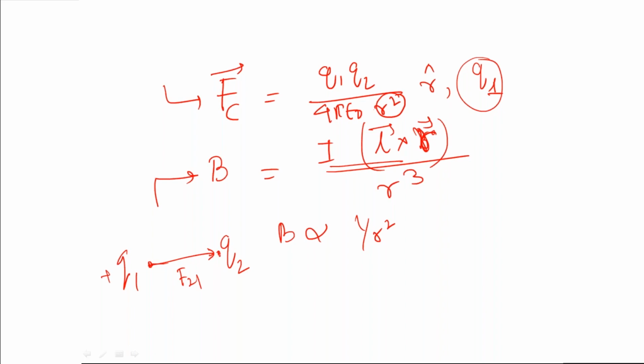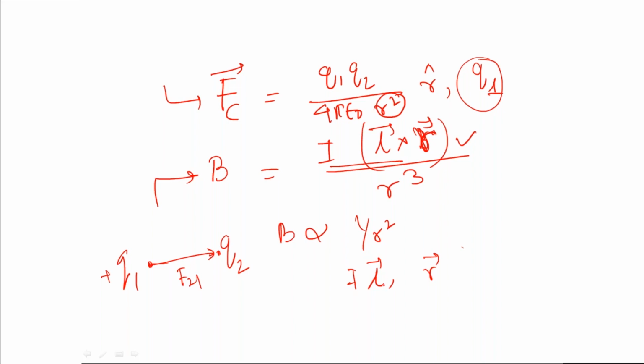So this is along the line joining the point charges. But what about this? What is the direction? Here we have IL and R, and the cross product of these will give you the direction.